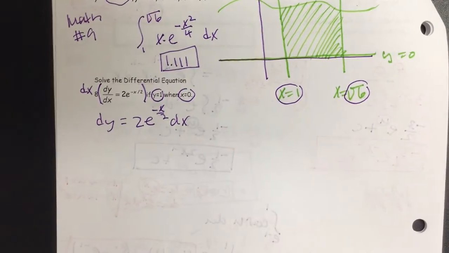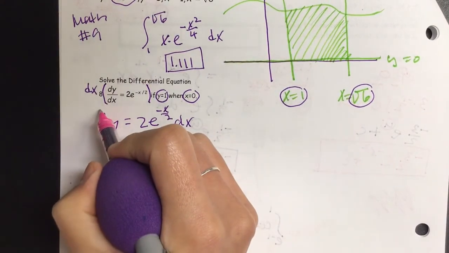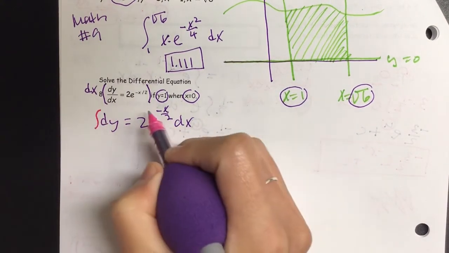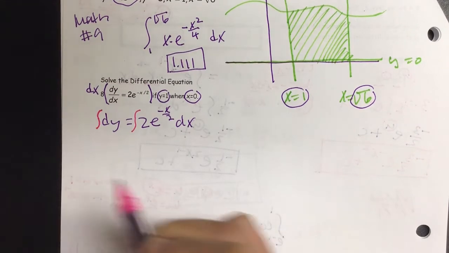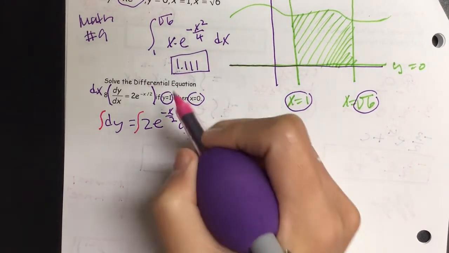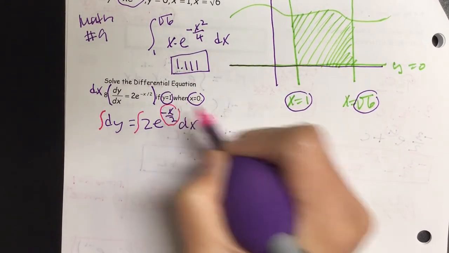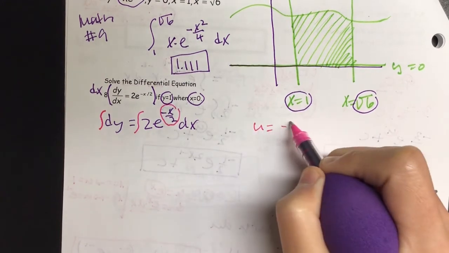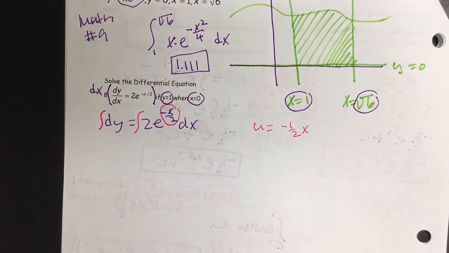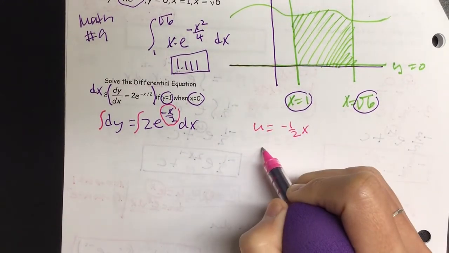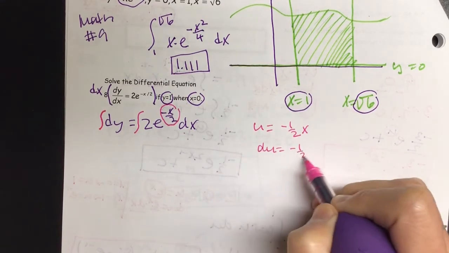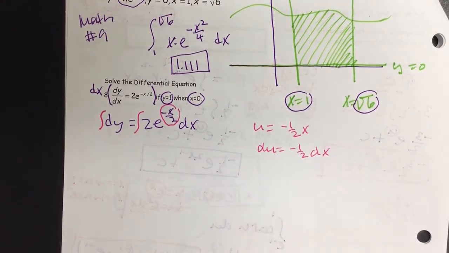How can I make y by itself now? We integrate. And when I do, I get, let's go ahead and do our u substitution. Circle your power. U is equal to negative half of x, which then will give us du is negative 1/2 dx.